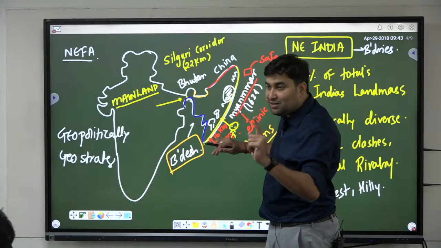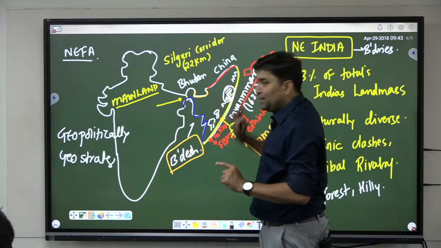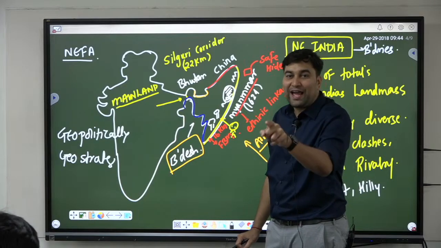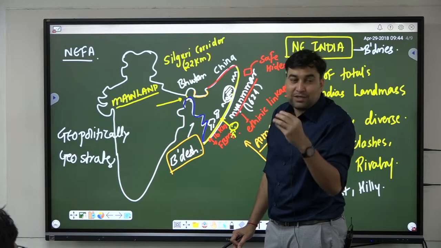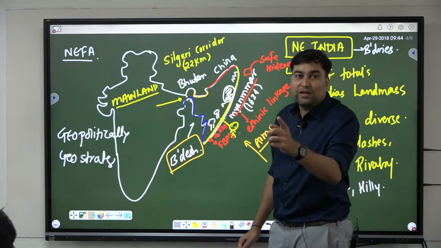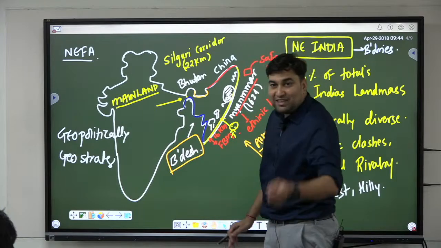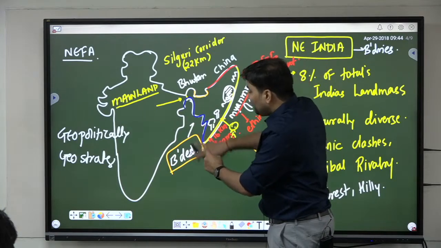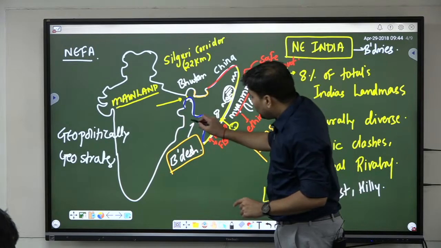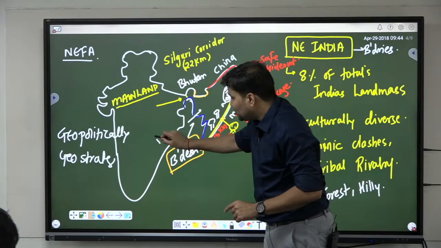And that is none other than the fertile Brahmaputra plains. Because in the fertile Brahmaputra plain you can settle, do agriculture, and find your livelihood and employment opportunities. Plus India has good infrastructure compared to Bangladesh. That is why people tend to migrate from Bangladesh towards the fertile plains of Brahmaputra. This is called illegal migration.